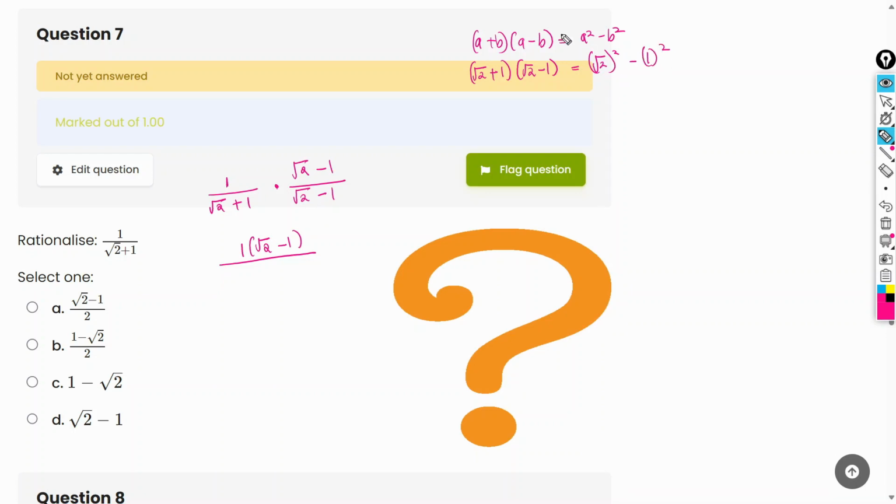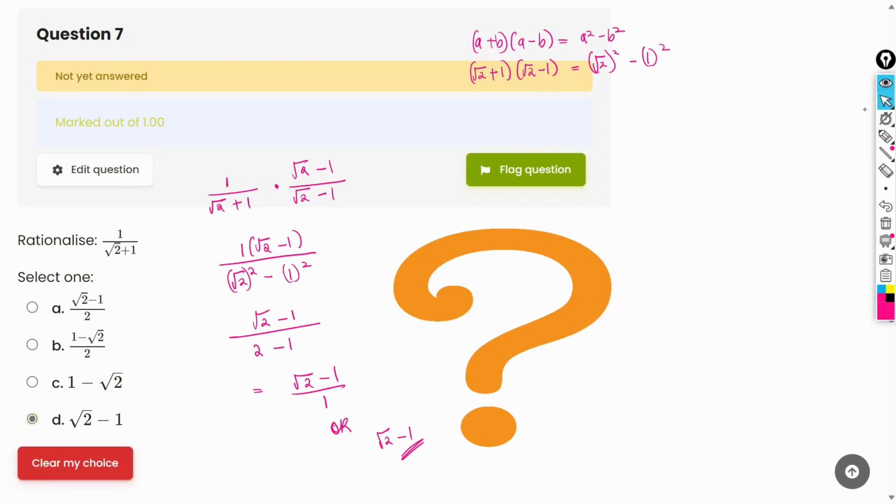My top remains root 2 minus 1, over root 2 squared, which is 2, minus 1. So that's just root 2 minus 1 over 1, or root 2 minus 1. So the correct option is option D.